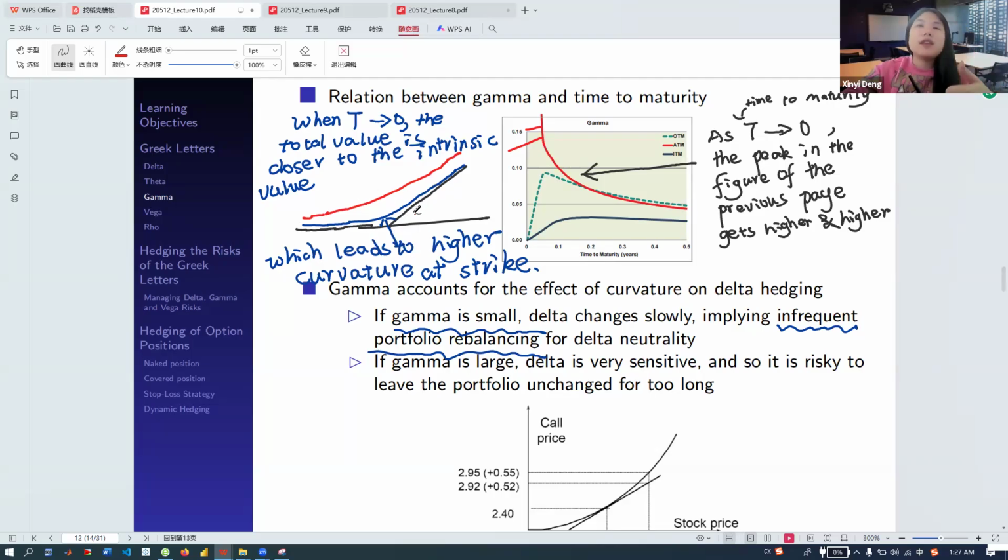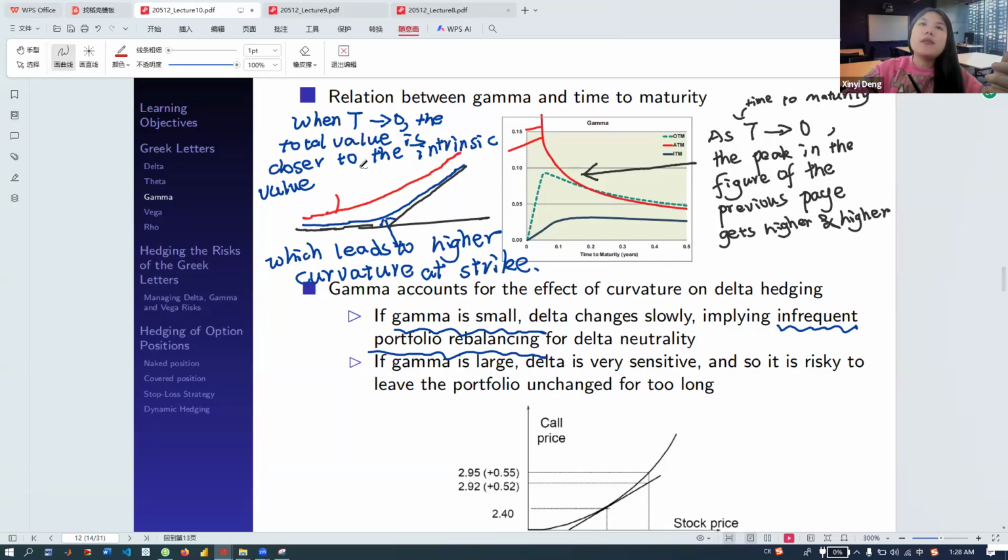Let's assume that the red line represents the total value at current time, and the blue line is the intrinsic value.